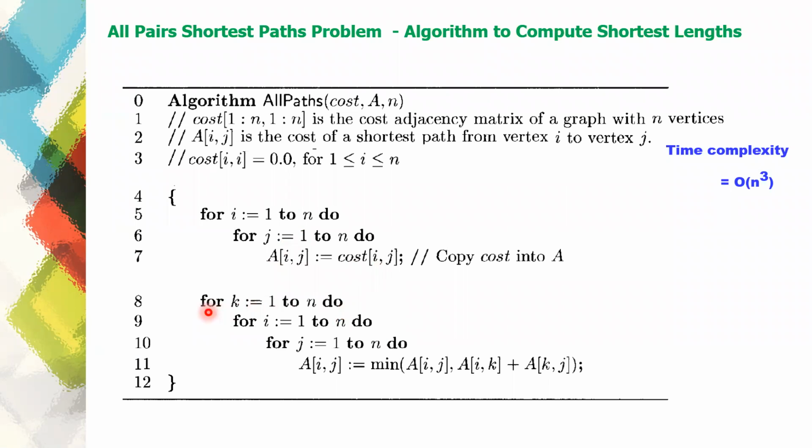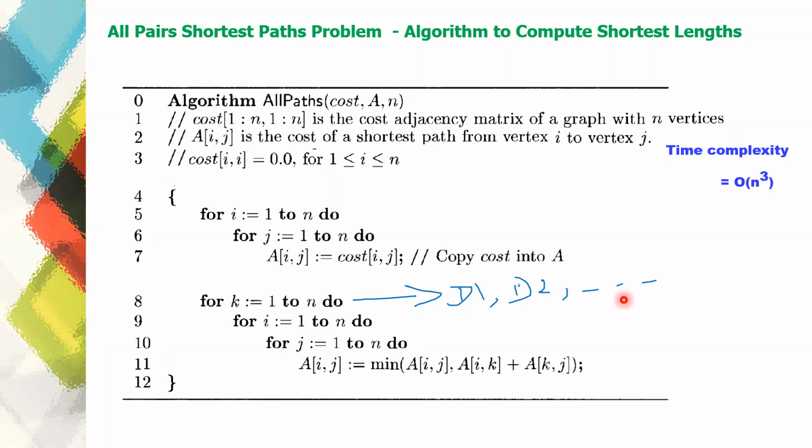So for building the remaining distance matrices, these are the loops. You'll have to use 3 loops. This is because you have to build n number of matrices, D1 to Dn, n number of matrices you have to build.